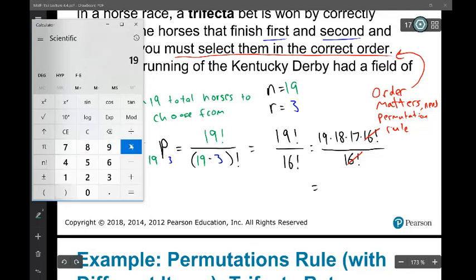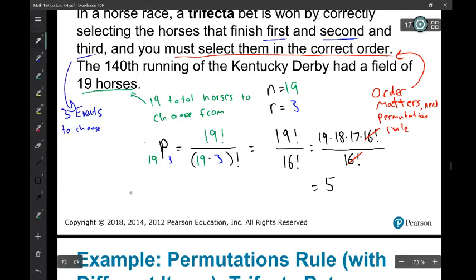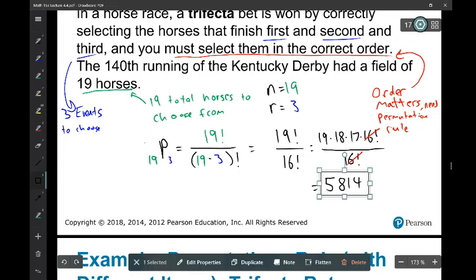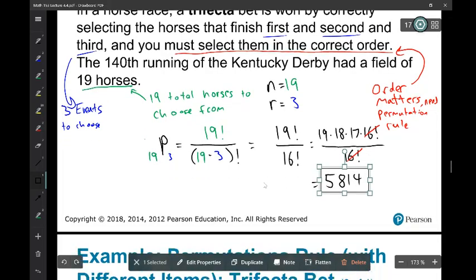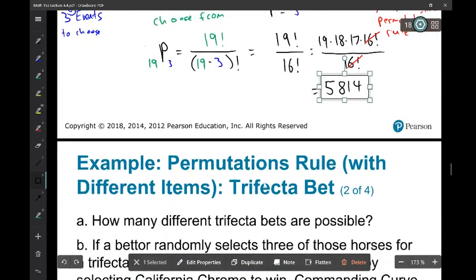So that is 5,814. That's the total number of trifectas that you could choose from. So the probability of winning this bet is 1 over 5,814.